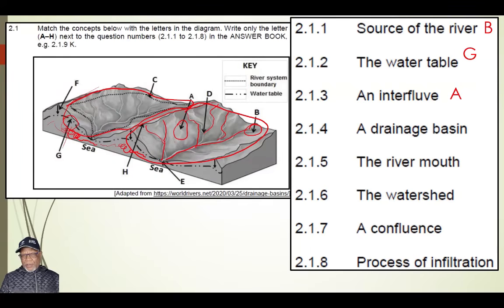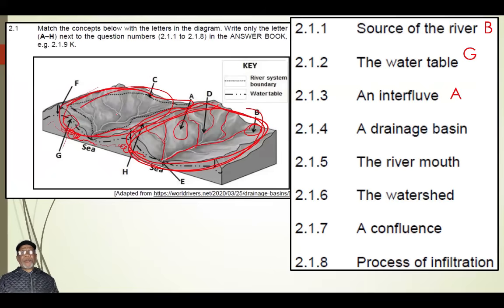You need to be able to define what a drainage basin is: the total area drained by the river system. Drainage basin is the total area drained by the river system, which means this entire area is a drainage basin because it has got a river system.